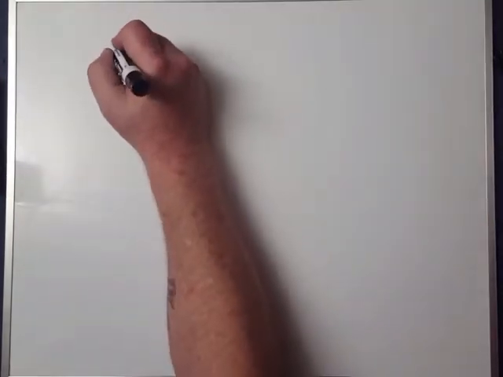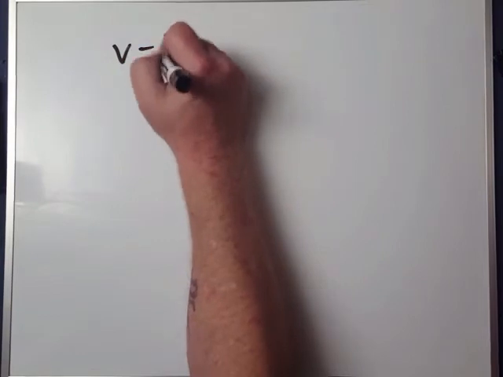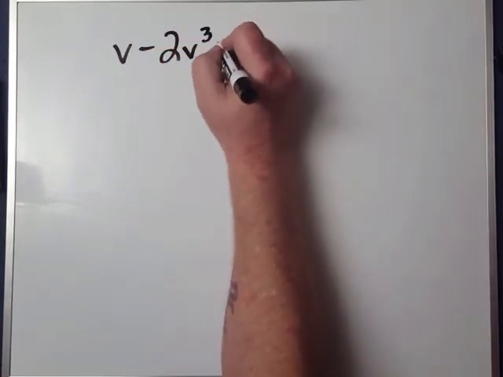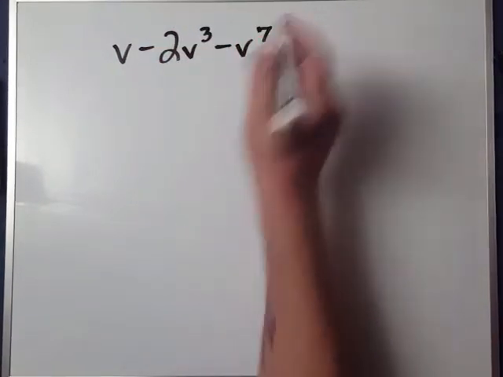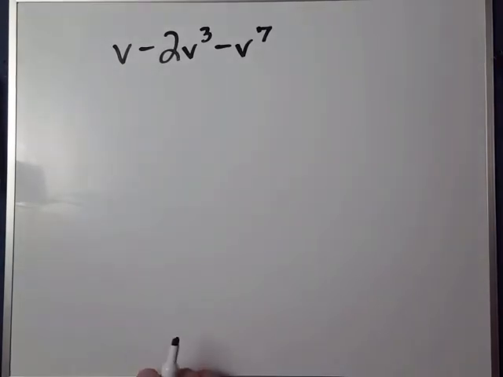Let's turn to the homework. And one of the first things that she does is, let's look at number 16. In number 16, she gives you a polynomial in V. And she asks you to determine the number of terms and name the coefficients of those terms.